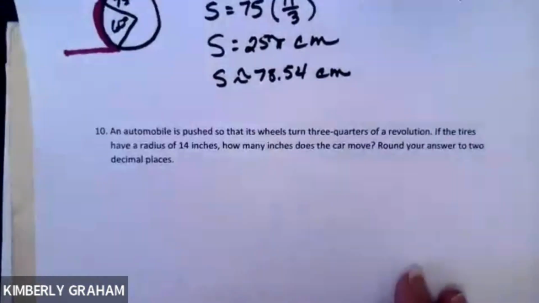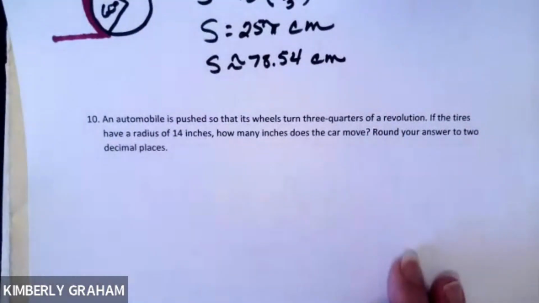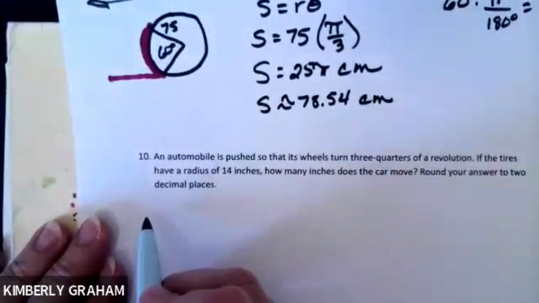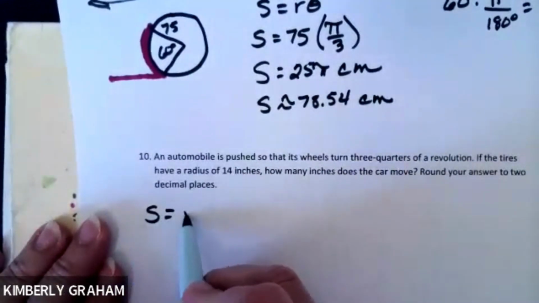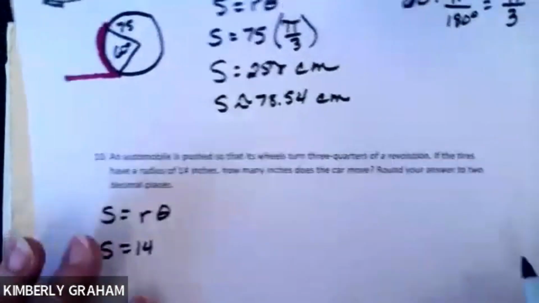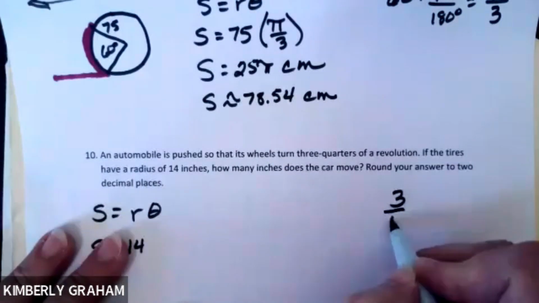Okay, problem 10, an automobile is pushed so that its wheels turn 3/4 of a revolution. If the tires have a radius of 14 inches, how many inches does the car move? So again, here's my formula, S equals R theta. So S equals 14 times that angle measure of theta. It's 3/4 of a revolution.